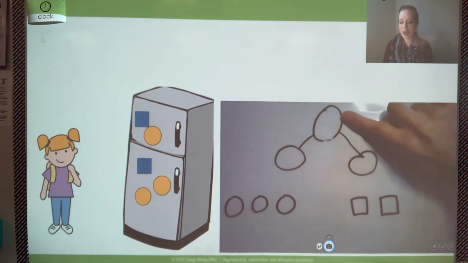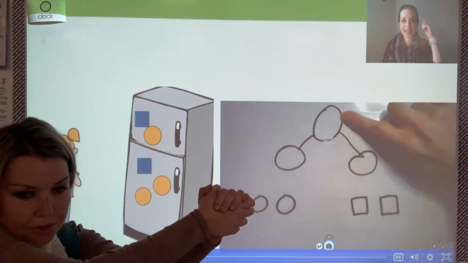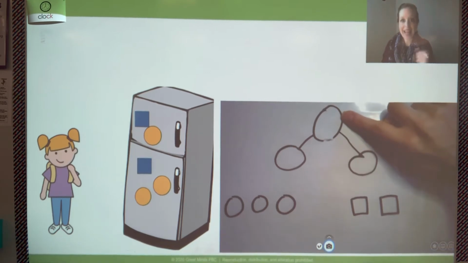Is this the whole or the part? Show me with your hands. Is it the whole or the part? Very good. Excellent. Say it. Yes, this is the whole. What number goes in the whole?